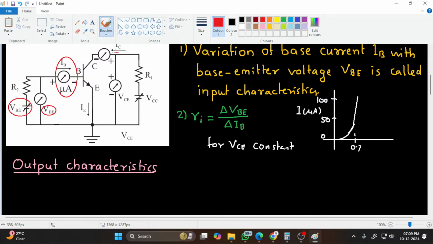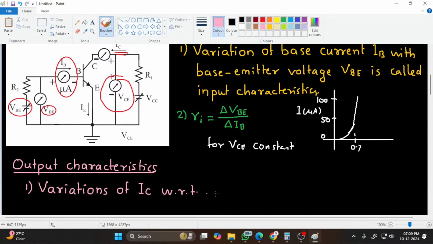This is the collector current and this is the collector emitter voltage. So variations of collector currents with respect to variations of collector emitter voltage VCE.